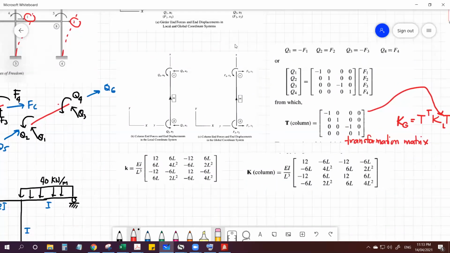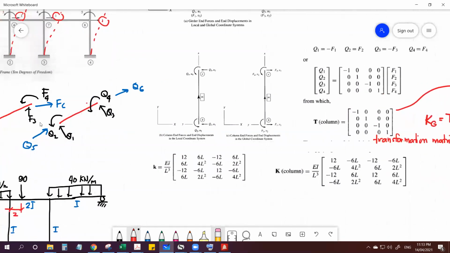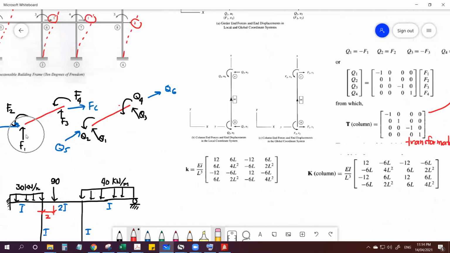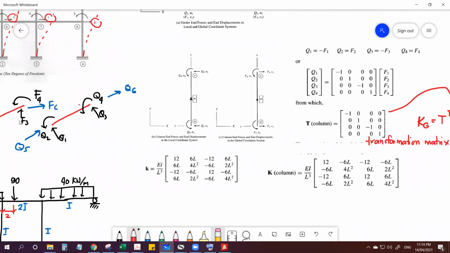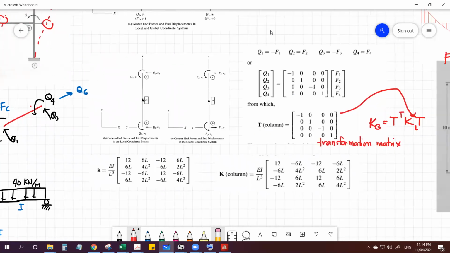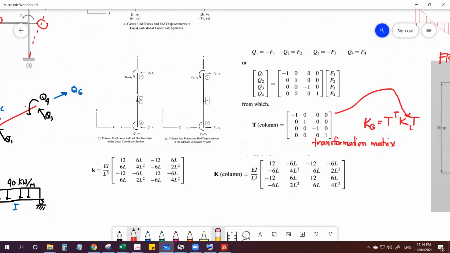Okay, so that's why I want you to recall this transformation we had before, wherein we transform F to Q, the global to local. Now, instead of this arbitrary inclined member, we will now transform a vertical member.